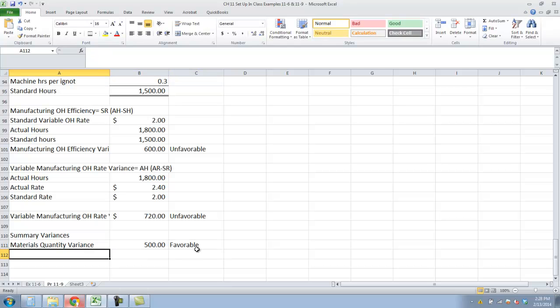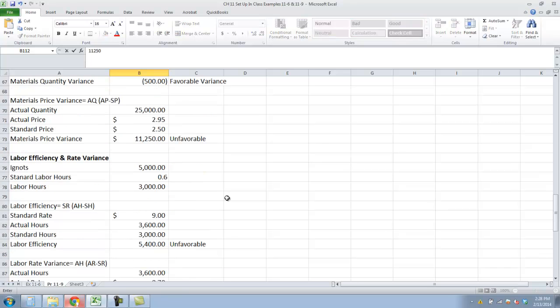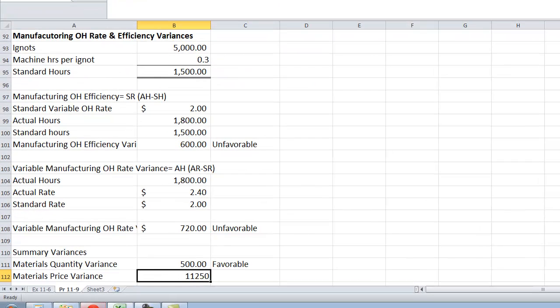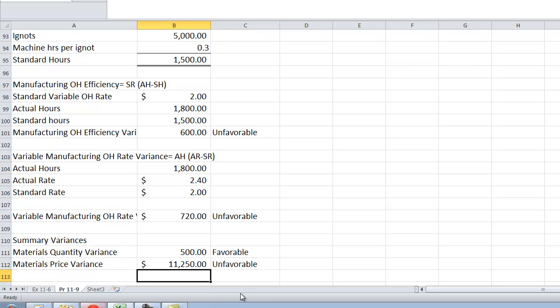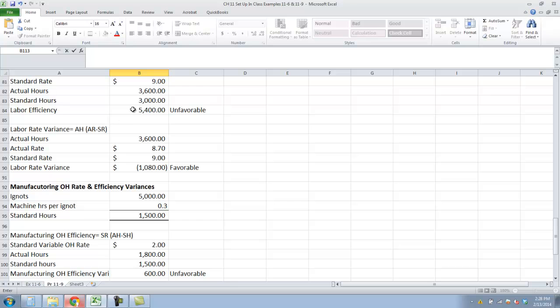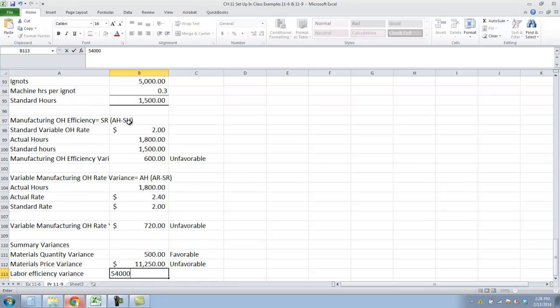We had a materials price variance, $11,250 right here, and that was unfavorable. Then we had a labor efficiency variance, and that was labor efficiency, 5,400 unfavorable.